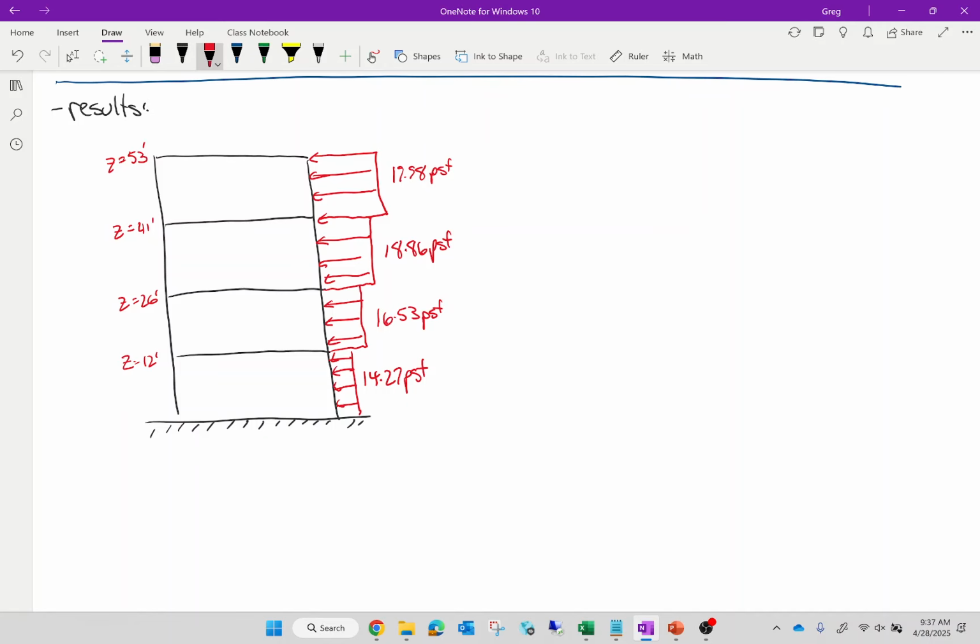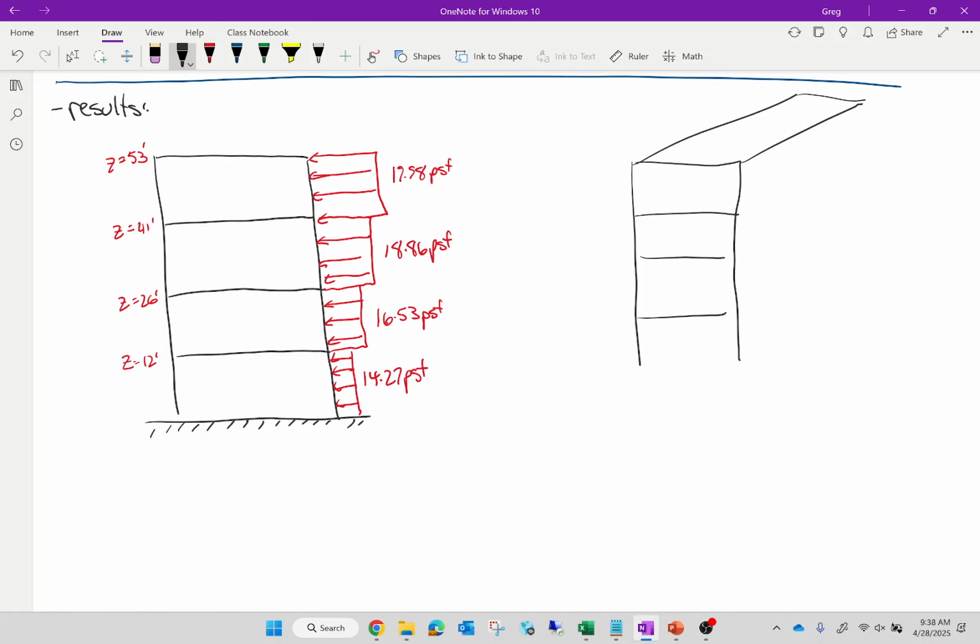And so the idea is, okay, imagine, let's look at it three-dimensionally. So here's my building, right? And let's make up a number.